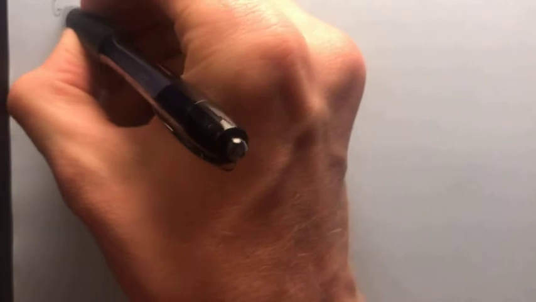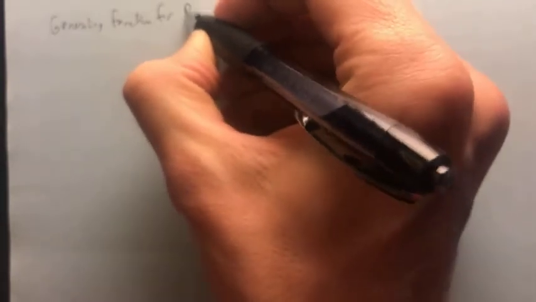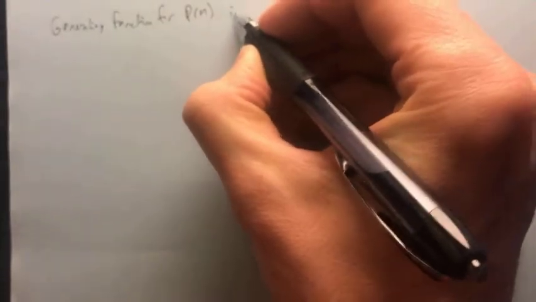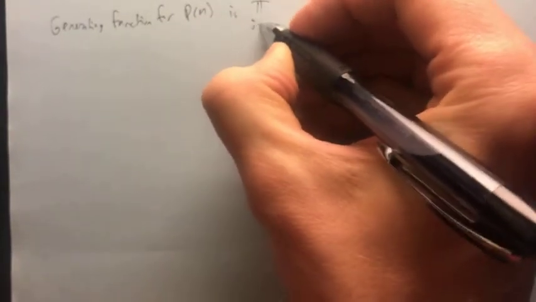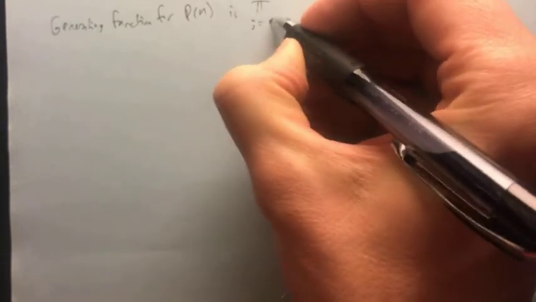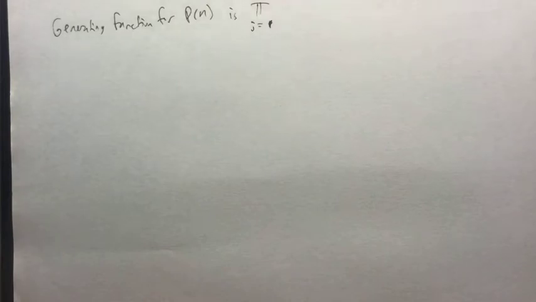All right, so we've got now a generating function for p of n. Let me put that down. So the generating function for p of n is this infinite product, product as j goes from 1 to infinity. Oh yeah, I said 0.